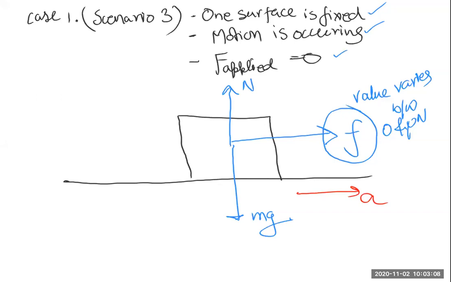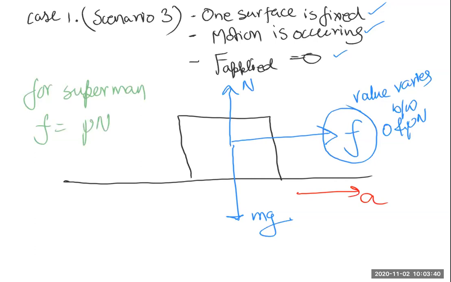So the reason why I have chosen Superman is that Superman, by definition, has got infinite strength, and therefore Superman will be able to make the friction value equal to mu n. So for Superman, F is equal to mu n.